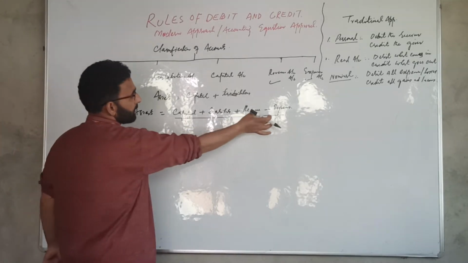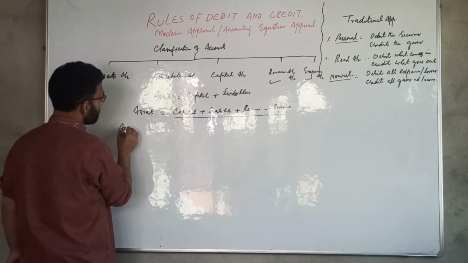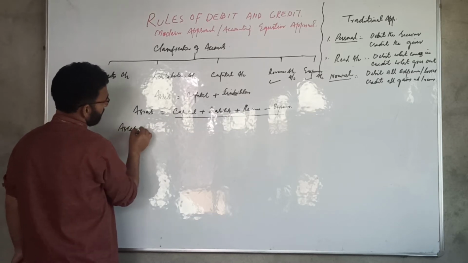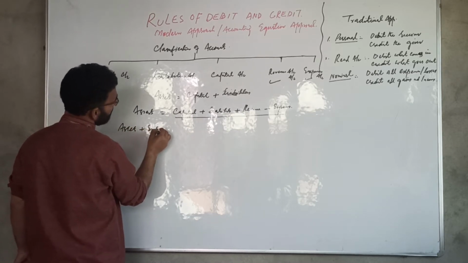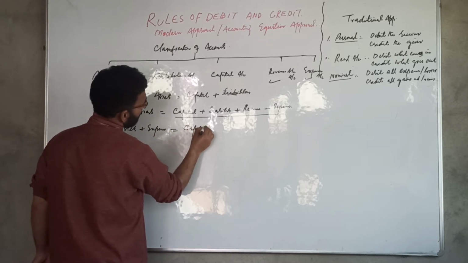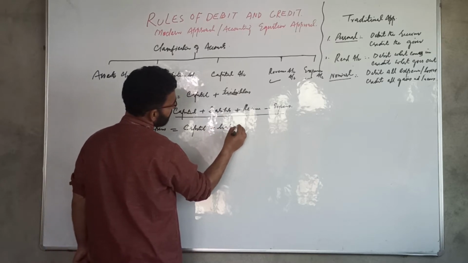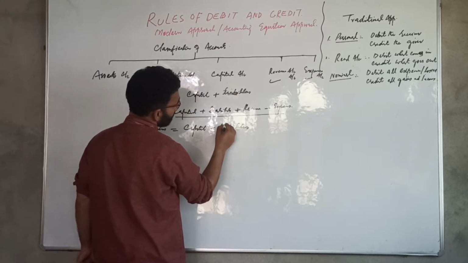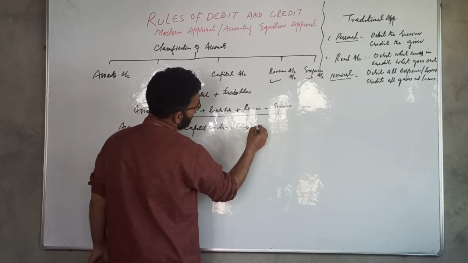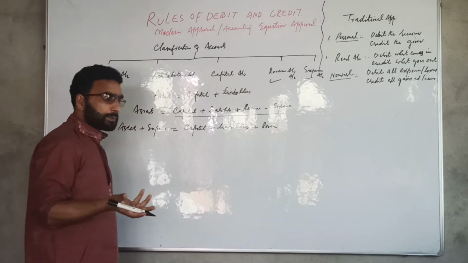Now we will transfer the expenses term to the other side. It becomes assets plus expenses is equal to capital plus liabilities plus revenue. Here it is again balanced.